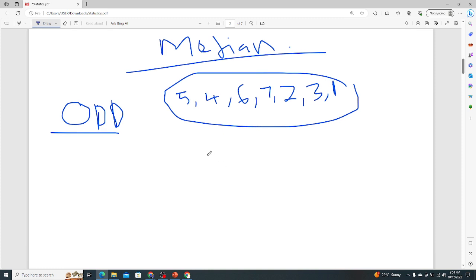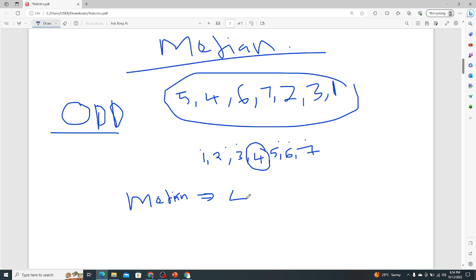I can use ascending order, so it will be 1, 2, 3, 4, 5, 6, and 7. Our median will be the middle value in our data set. So we can say 1, 2, 3, 1, 2, 3. Our middle value is 4, or our median is 4.